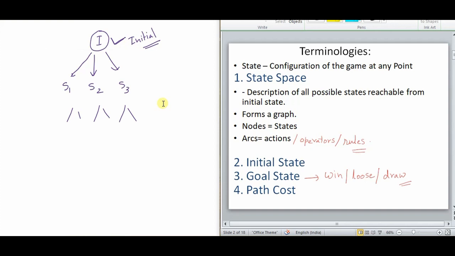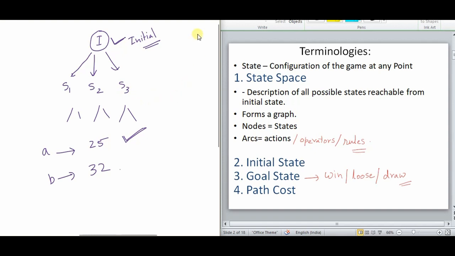For example, in chess, suppose player A wins the game in 25 moves and player B wins the game in 32 moves, then I will say player A's is the most efficient. So whenever in the state space, or the problem space, there is more than one goal state, what is important is which is the optimal solution.